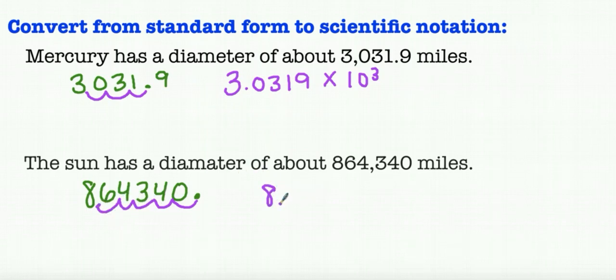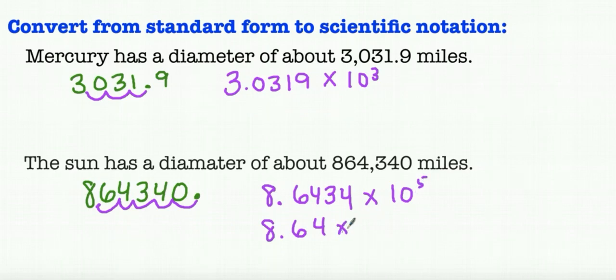So it's 8.6434. In some cases, we would just round this to 8.64 and then times 10 to the power of 1, 2, 3, 4, 5. Okay, and we could always go back and check it if we have to.